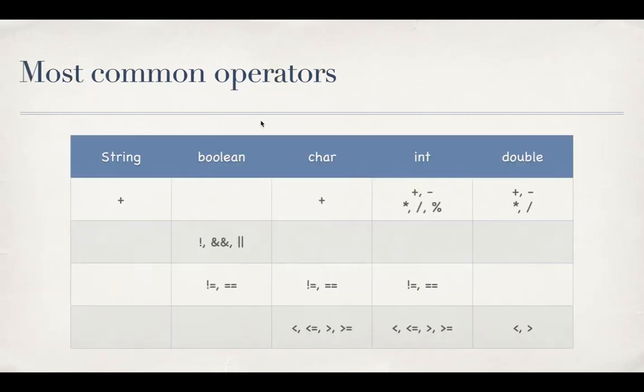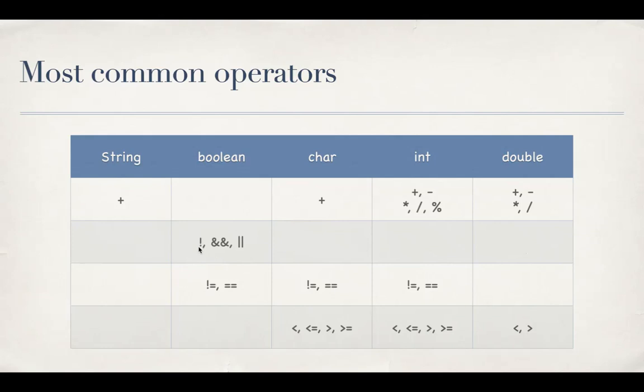Next, let's talk about some common operators on string and the 4 common primitive types. So string, we have seen the plus, which is the concatenate operator. Booleans, they have logical and relational operators.